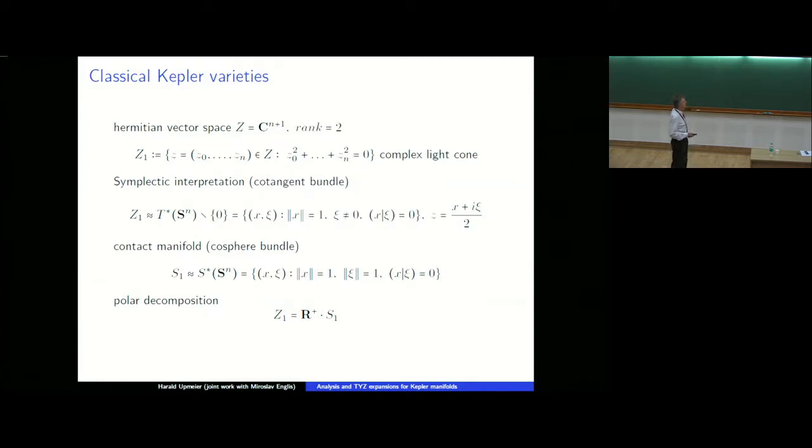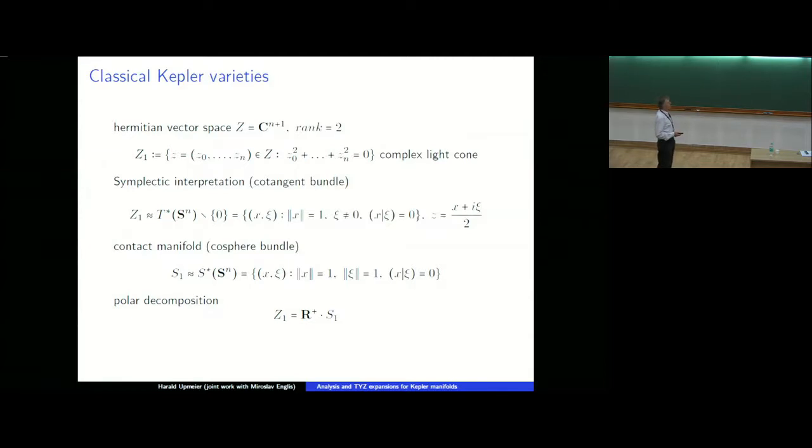The sub 1 means rank 1, namely the full vector space has rank 2, as I will discuss later. All vectors such that z_0 squared plus ... plus z_n squared is equal to 0. So, in a sense, a complex light cone.